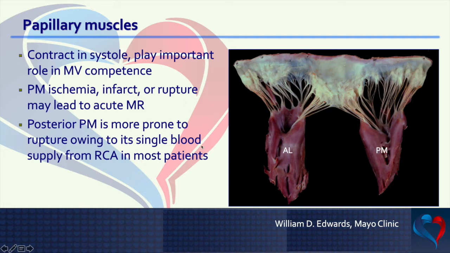The papillary muscles contract in systole and play an important role in mitral valve competence. Papillary muscle ischemia, infarction or rupture may lead to acute mitral valve regurgitation. The posterior papillary muscle is more prone to rupture owing to its single blood supply from the right coronary artery in most of the patients.